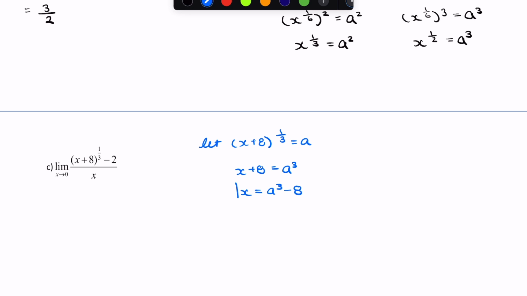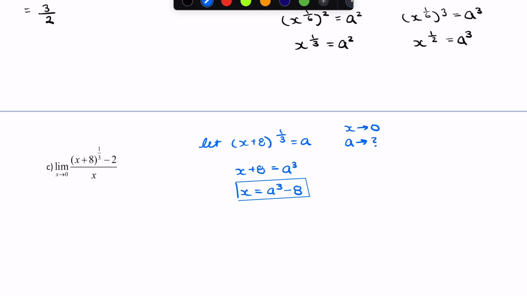And so that's what we can sub in for the x value. Here, we again have to change our value of x approaches 0 to the a value here, or a approaches what value?